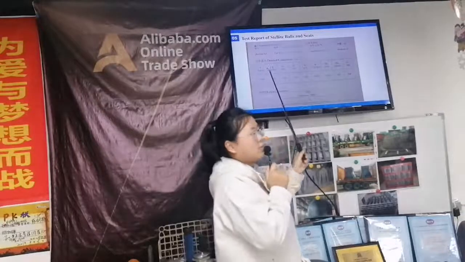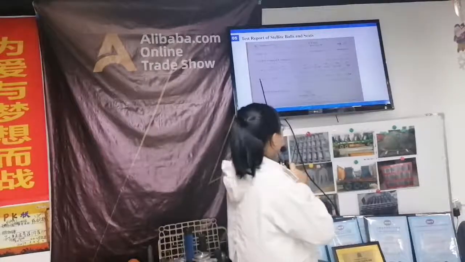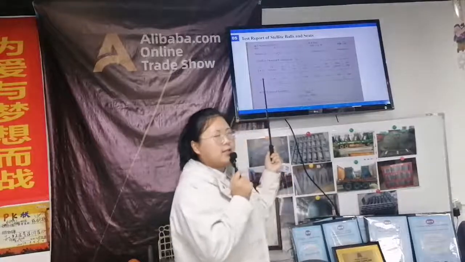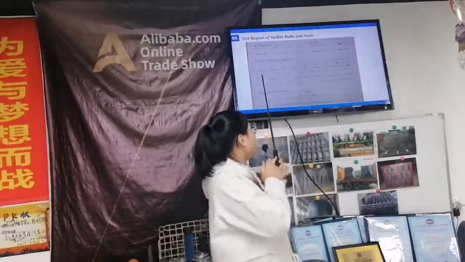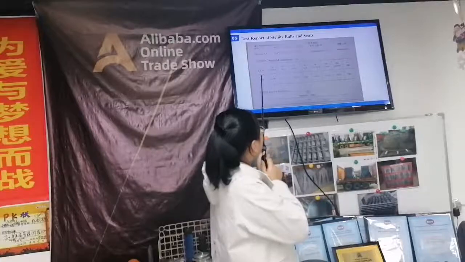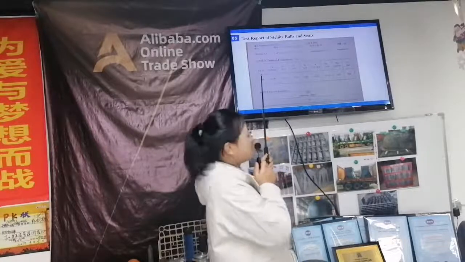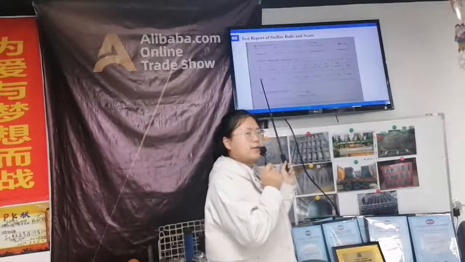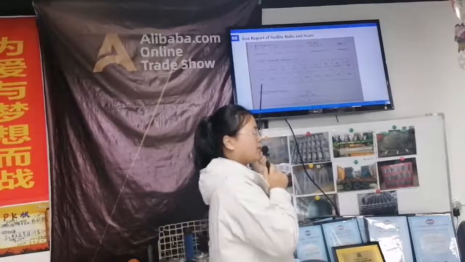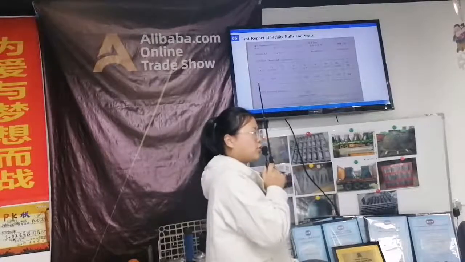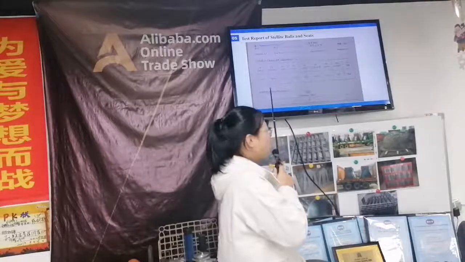For chemical composition, you can see for carbon the range is 2.4 to 3.0%, and the actual value is 2.95.